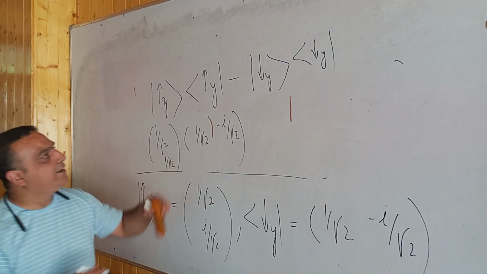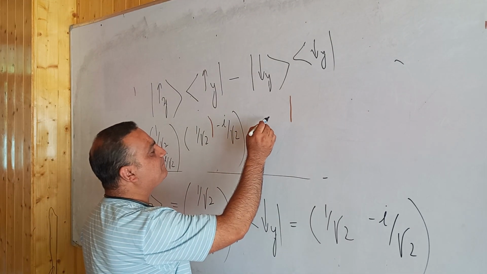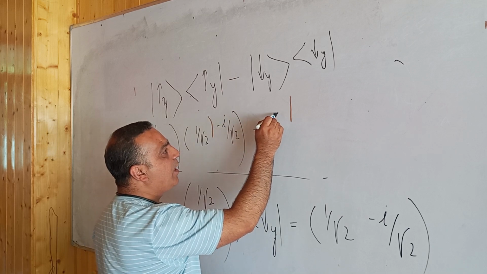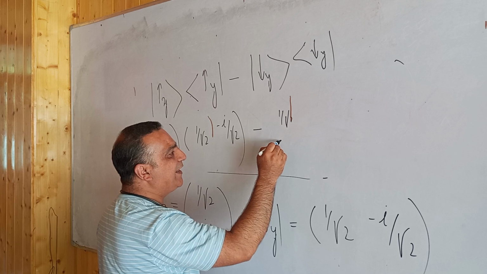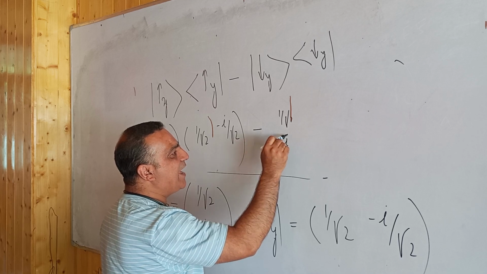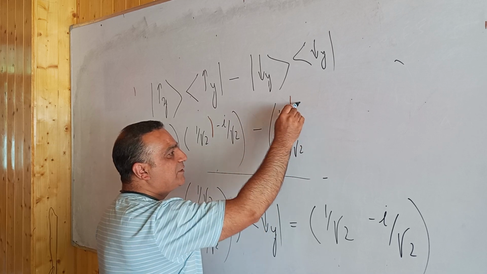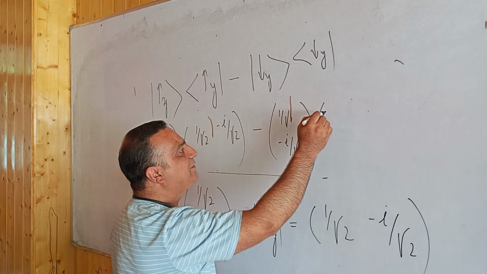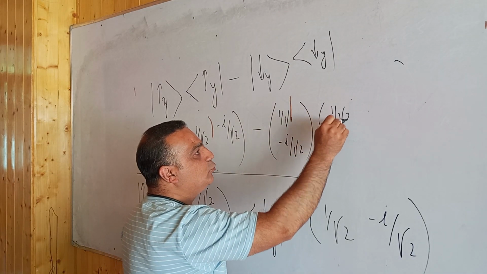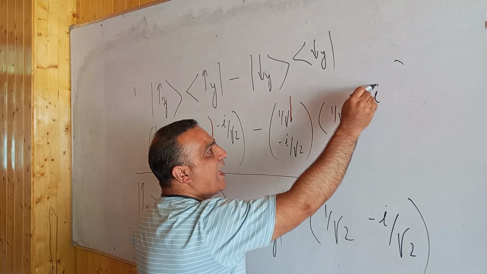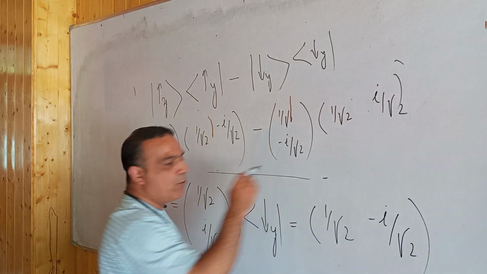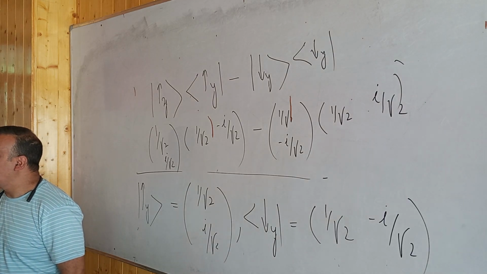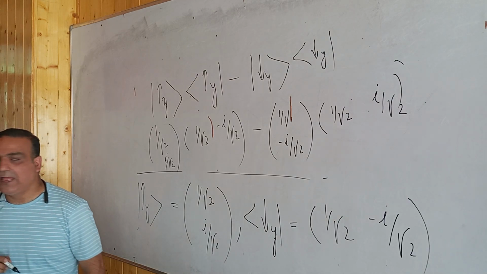Okay, then moving on, I'll have minus spin down. So for down, I have 1 by root 2, then I have minus I by root 2. So this is your column vector. And then you'll multiply it with the row vector 1 by root 2 plus I by root 2, because here you have minus I by root 2, you have to take its complex conjugate. So it will go to plus I by root 2.